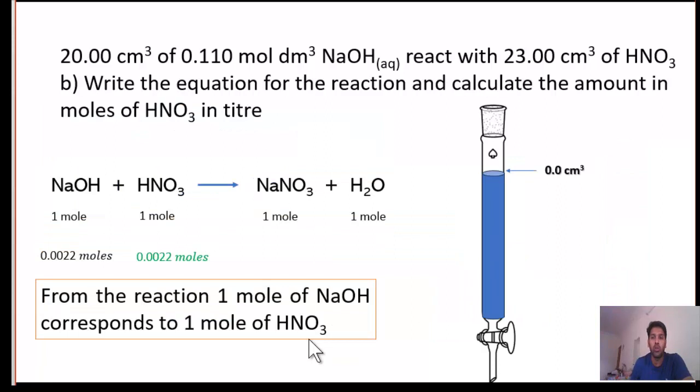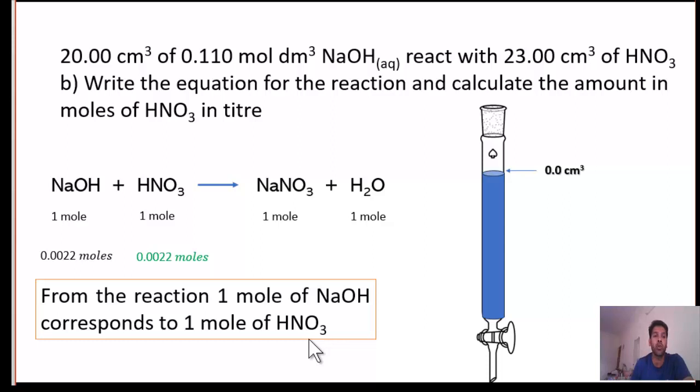Now, for the further calculation, we need to understand the reaction. We understand that 1 mole of NaOH reacts with 1 mole of nitric acid to give 1 mole of sodium nitrate and 1 mole of water. So we know the concentration of NaOH used in this titration.